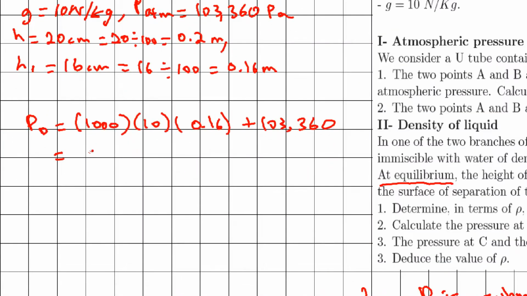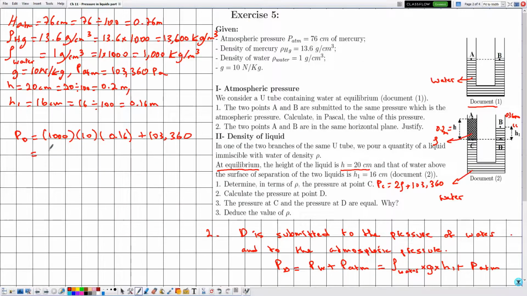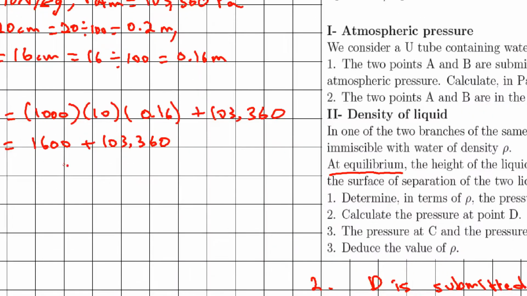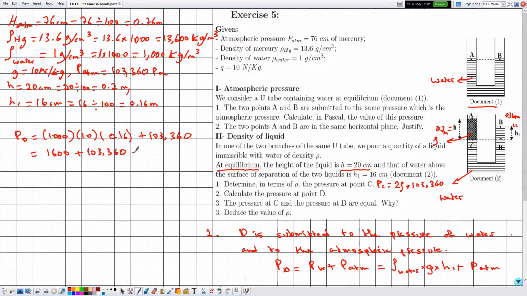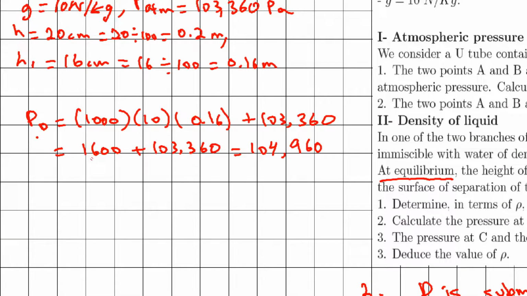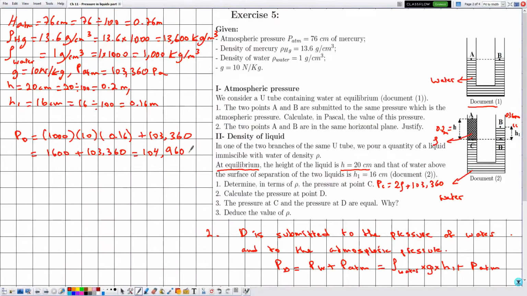Now plugging this on the calculator, it's 1600 plus 103,360. Then the total pressure at the point D is given by 104,960. Since everything is expressed in the SI, the value of PD will be in Pascal.